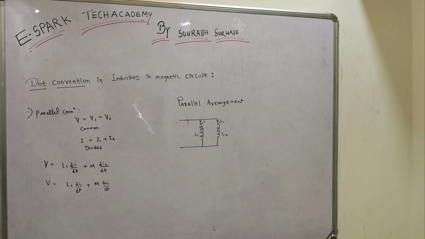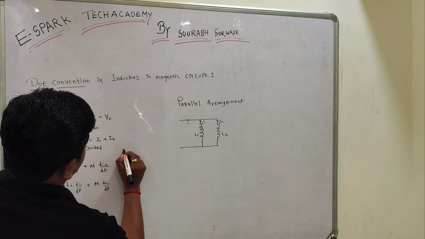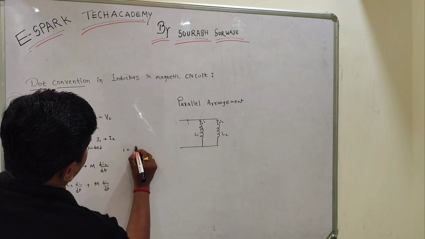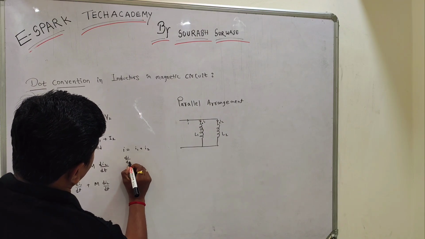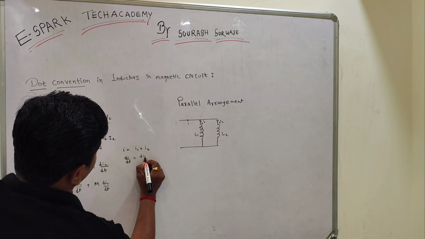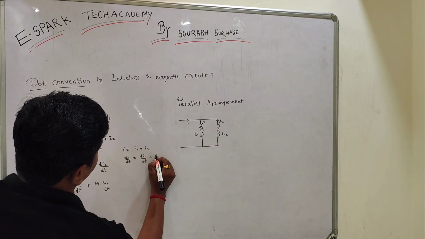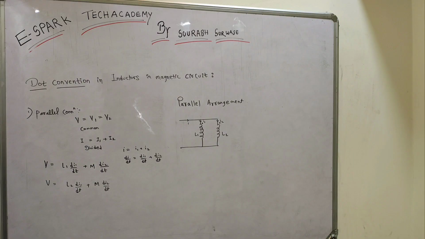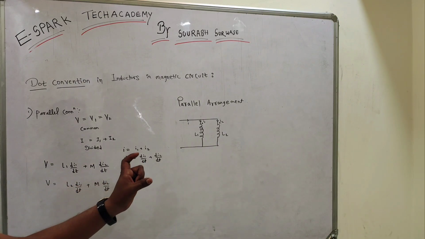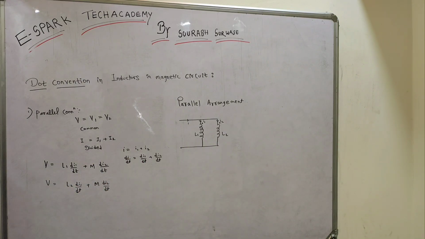Now I1 and I2 you know already. This I will be I1 plus I2. In this case di by dt is equal to di1 by dt plus di2 by dt; it is just the derivative of that. Derivative is nothing but the change of that current.